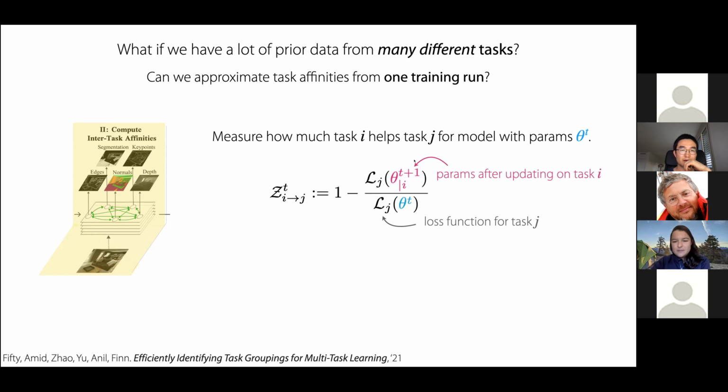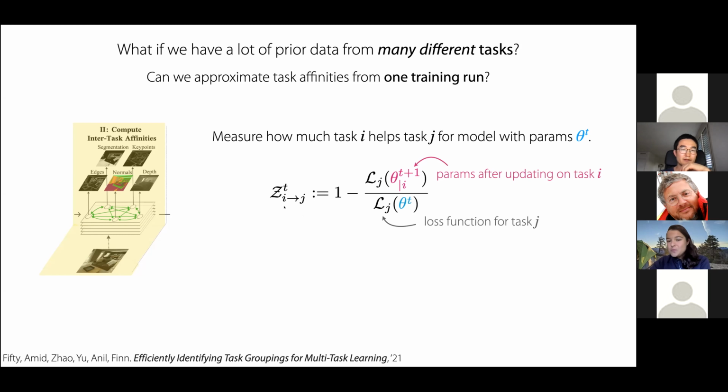And if this term is small, that means that it is being helpful. So if you take 1 minus that term, the larger this quantity is, the larger your affinity is, the more complementary task I is for task J. And so this is an asymmetric metric, which is good because that reflects the fact that tasks often have asymmetric effects on one another.